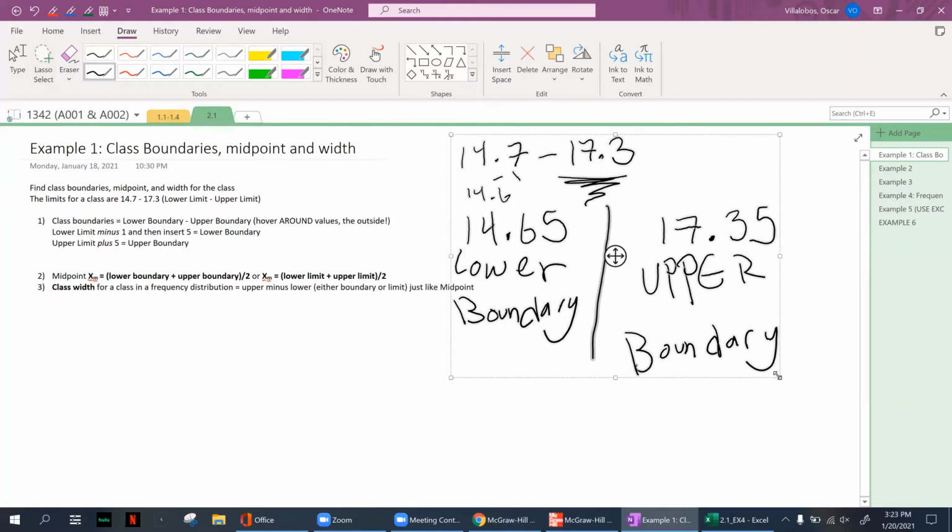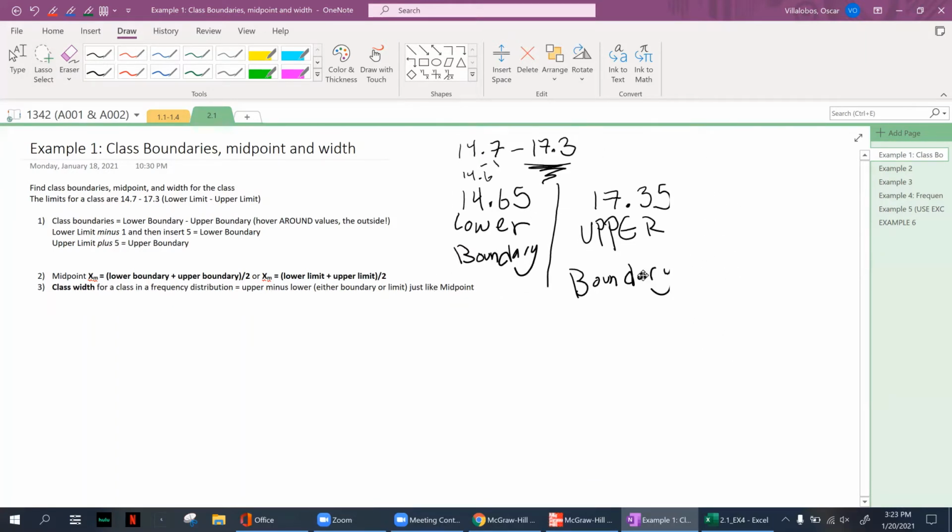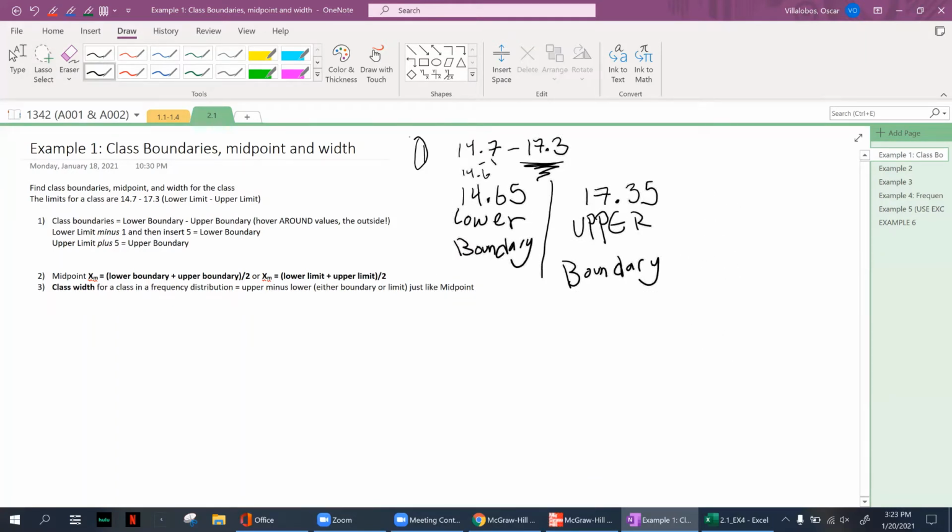Okay, let's focus on the second part, my midpoint. For your midpoint, it's going to be a formula. Your midpoint, which is x sub m, is your lower boundary plus your upper boundary, divided by 2.